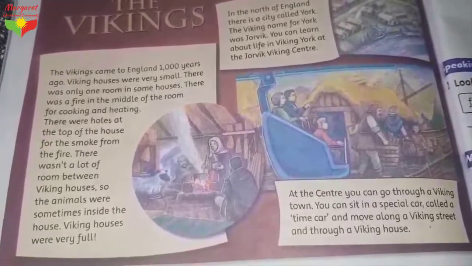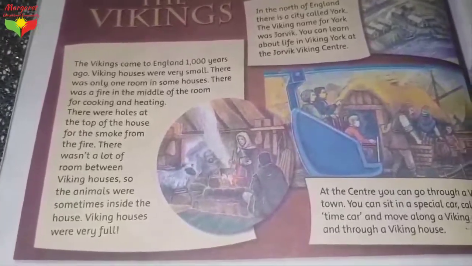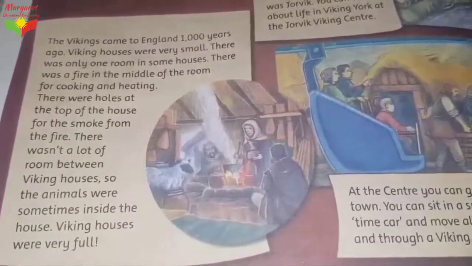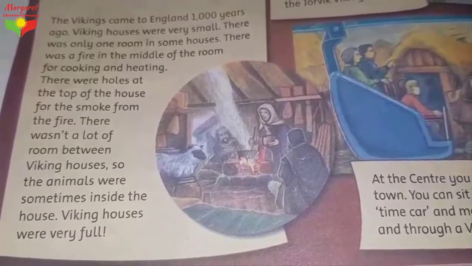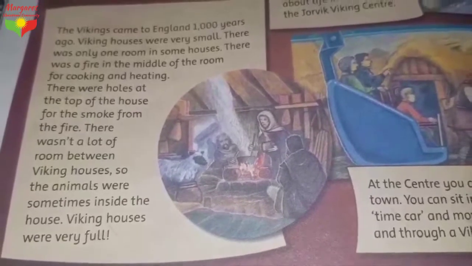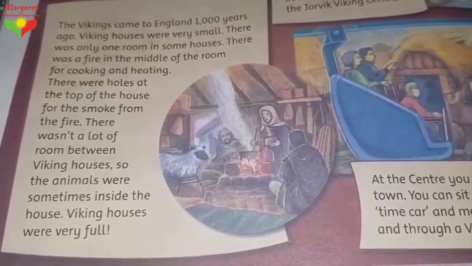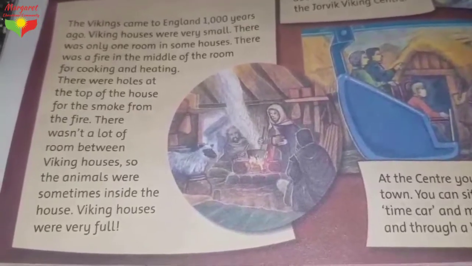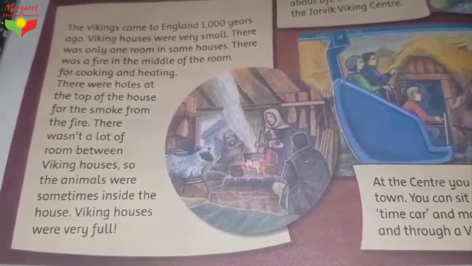Listening 94. Listen and read. The Vikings came to England 1,000 years ago. Viking houses were very small. There was only one room in some houses. There was a fire in the middle of the room for cooking and heating.